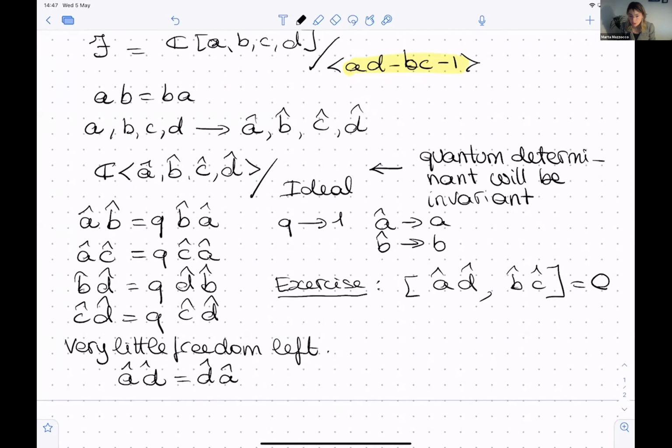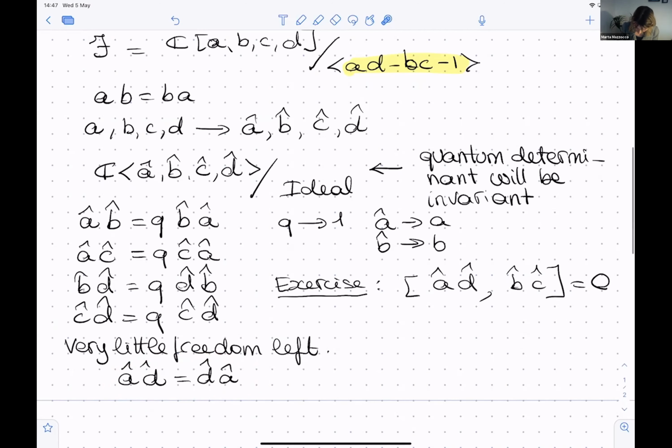Essentially, what you can prove is that whatever is the quantum analog of the determinant, you want it to be still there. We want this relation to be preserved. If we impose such commutation, we will get that the algebra disappears. So we will get that B and C are 0, for example.